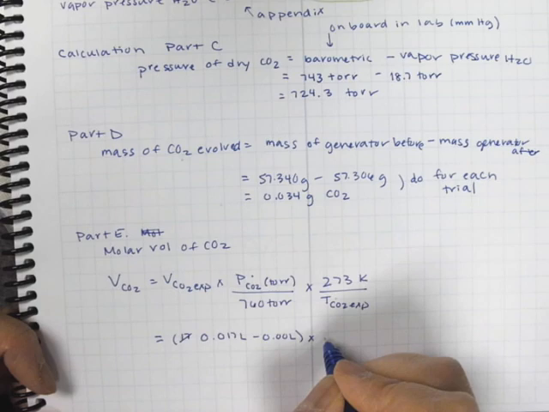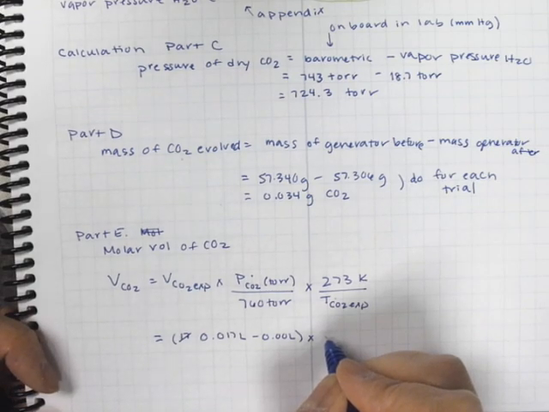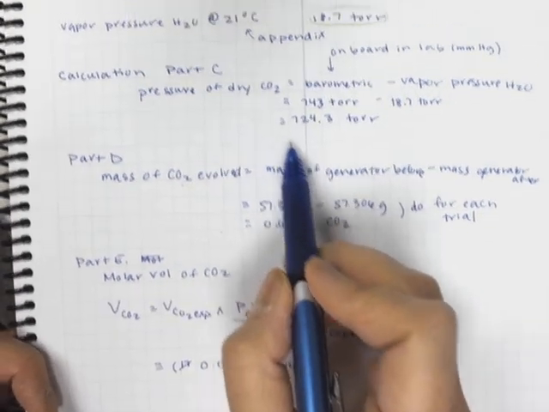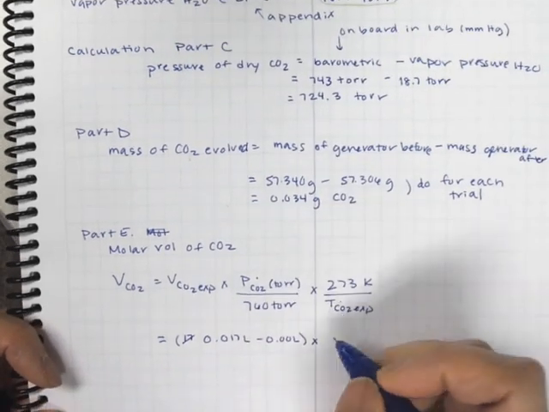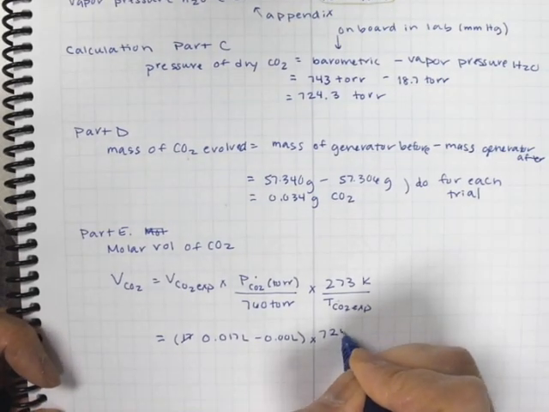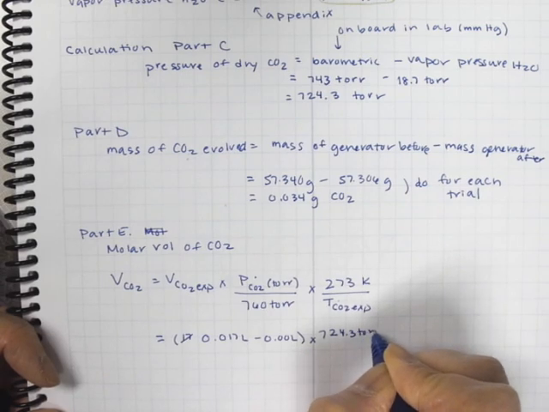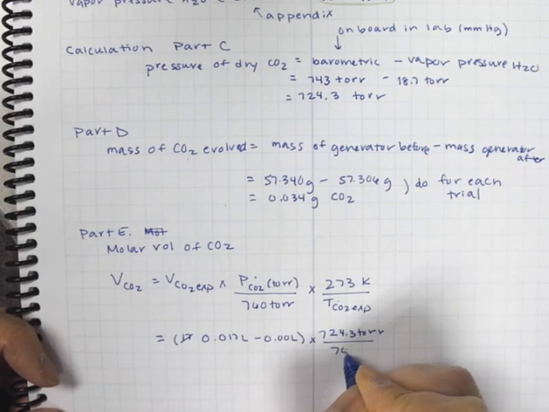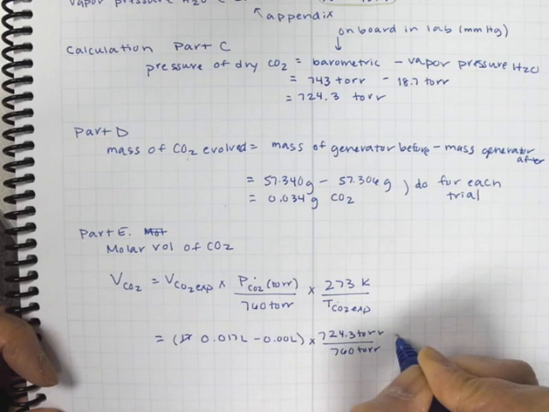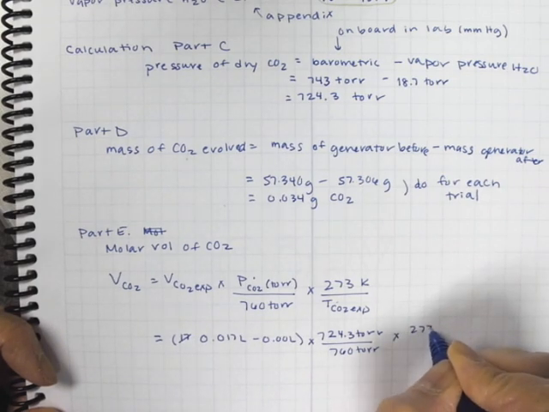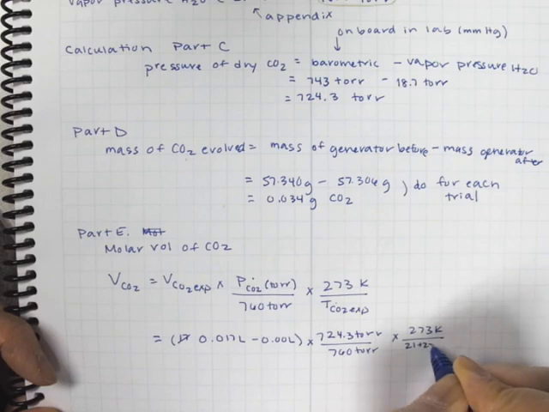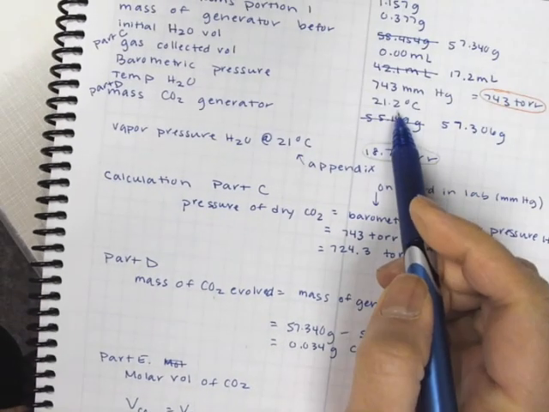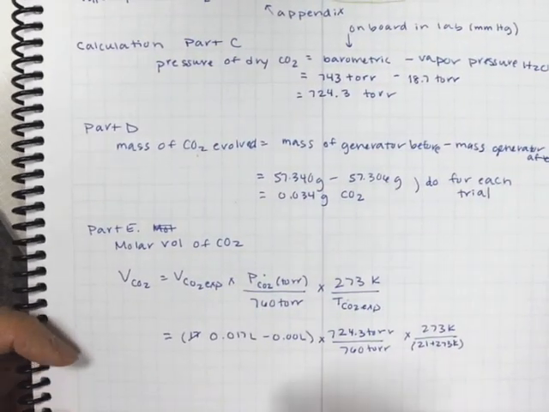Times PCO2, which is the dry CO2 that you found in part C, over 760 torr, and then 273 K over 21 plus 273, where 21 is the temperature of the water.